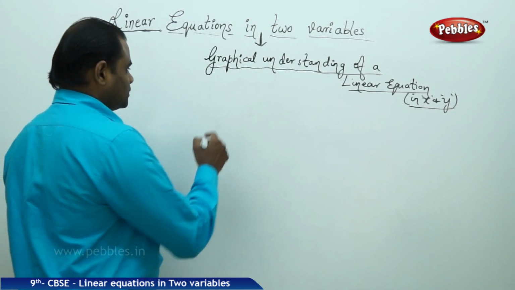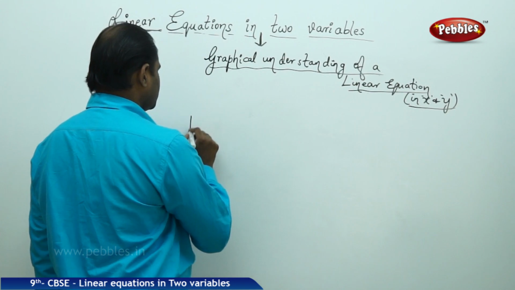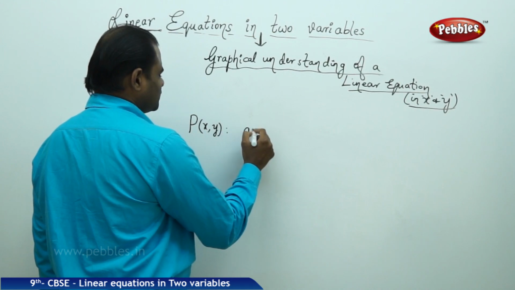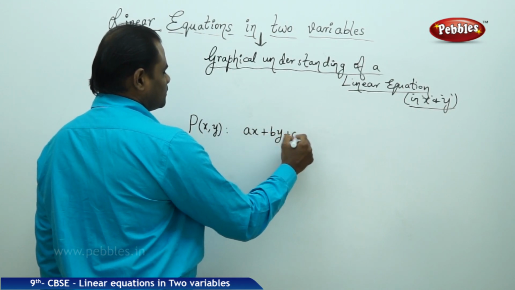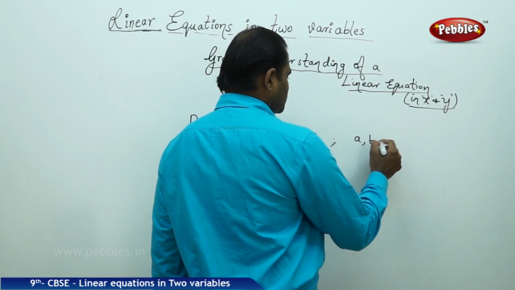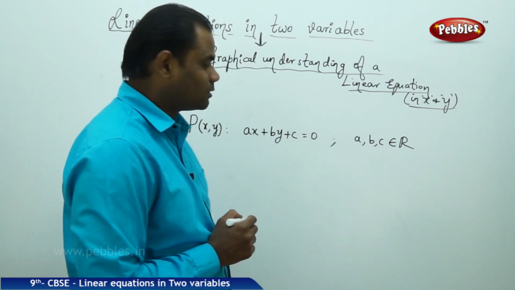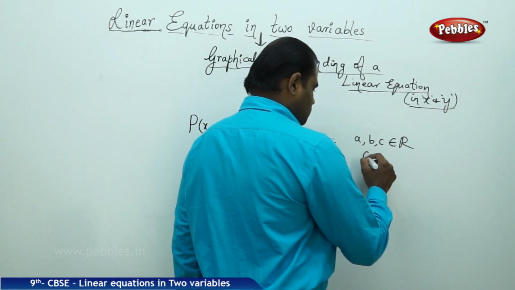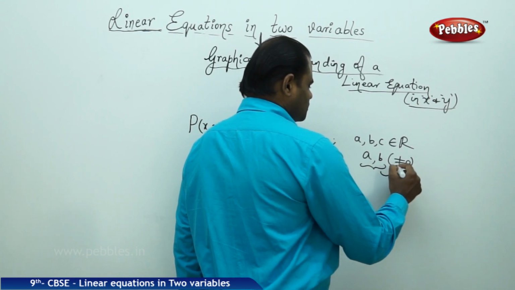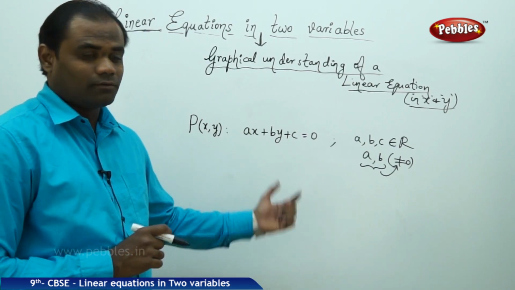For example, I take the general linear equation P(x, y) denoted by ax plus by plus c equal to 0 with the condition a, b, c, the coefficients, being all real numbers, and a and b both not equal to 0, is how we define the linear equation in general form.